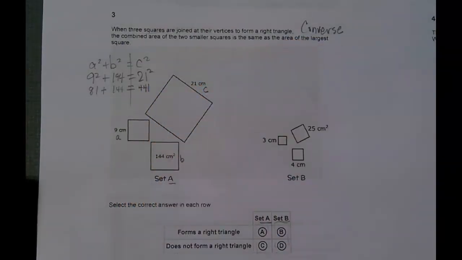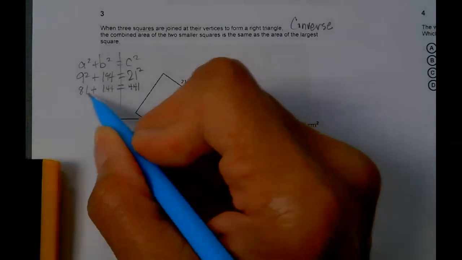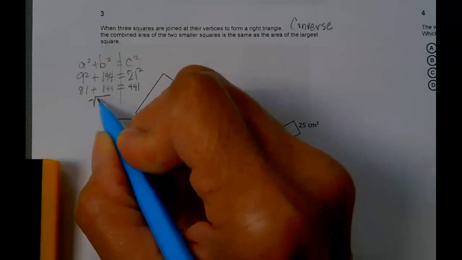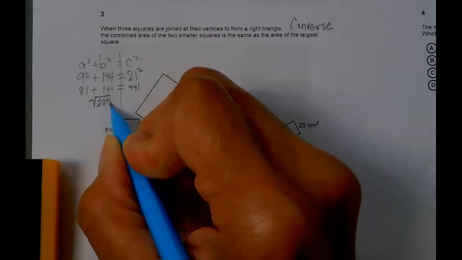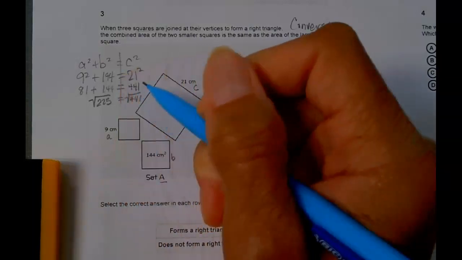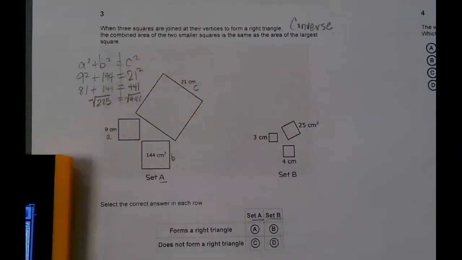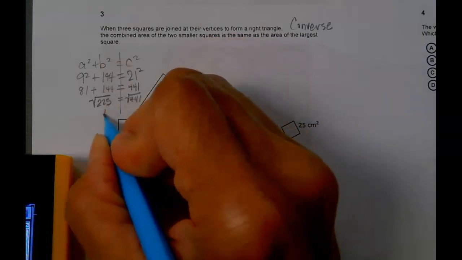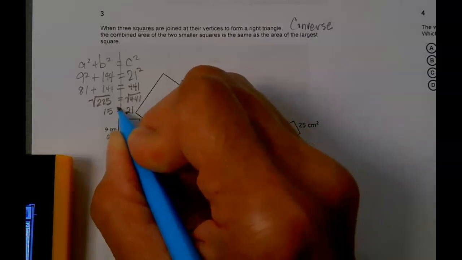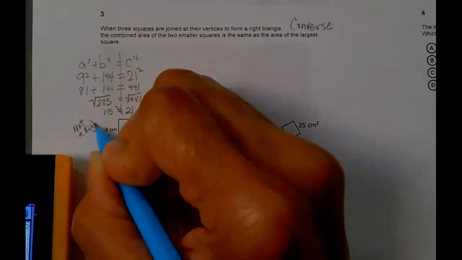So when I add up the 81 plus the 144, I get 225, and then I can just square root the 441. When I put it in the calculator, the square root of 225 is 15, and the square root of 441 is 21. So obviously you see this is not a right triangle.